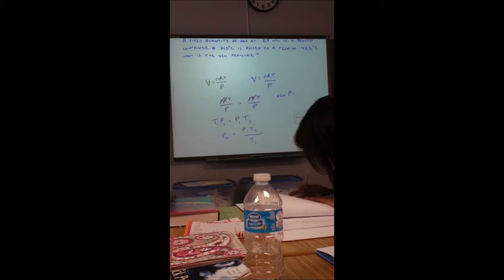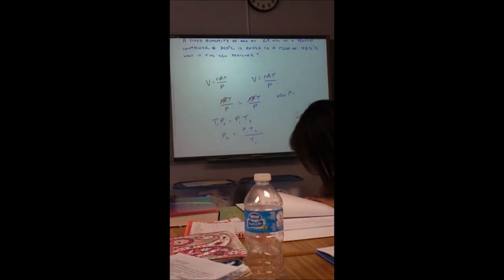And I could have done this for moles. I could have solved it for N and set them equal to each other. So what I did here is I set the ideal gas equation with the initial conditions equal to the ideal gas equation with the new conditions.